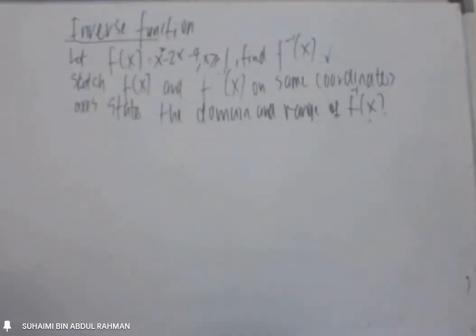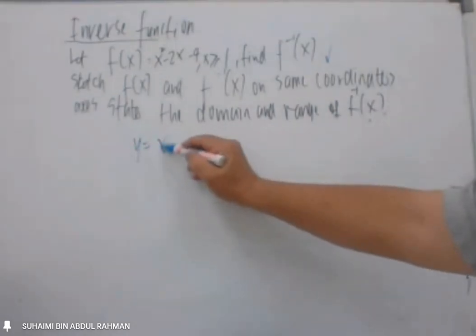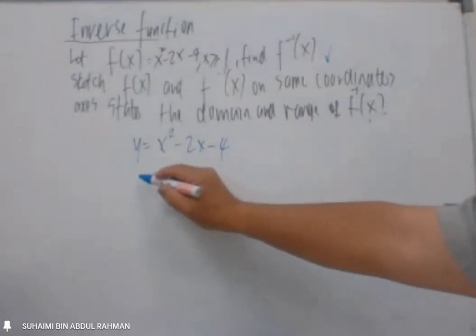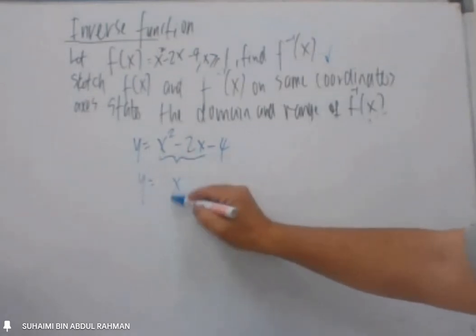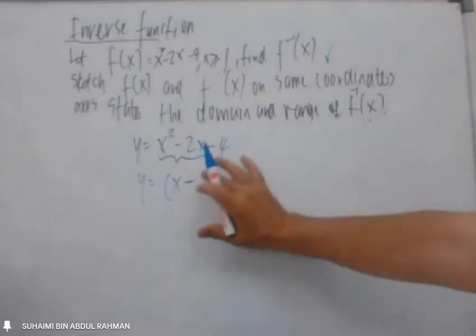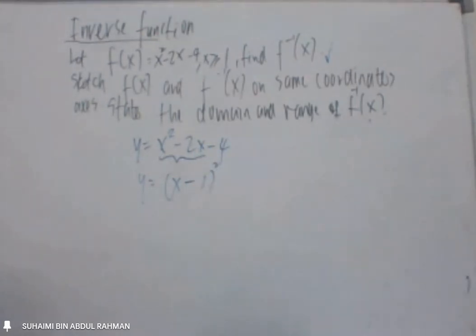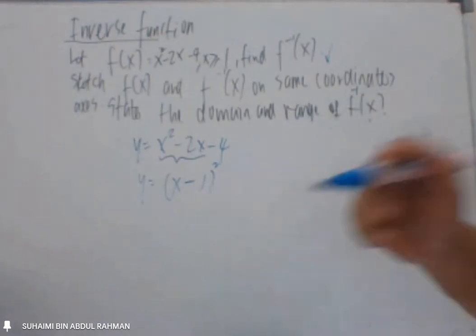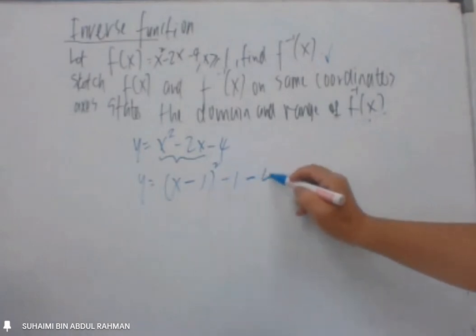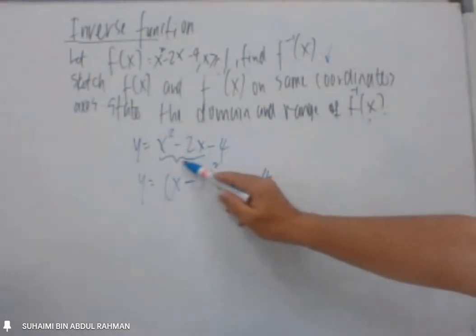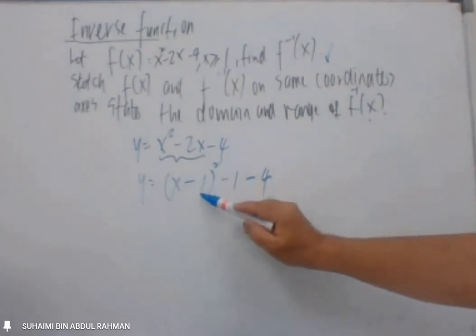Let y equal x squared minus 2x minus 4. Remember that x squared minus 2x can be written using x minus 1 squared. Expanding x minus 1 squared, we get x squared minus 2x plus 1.